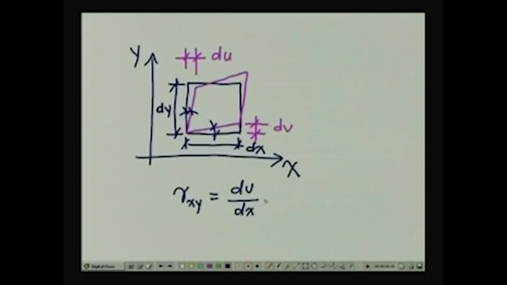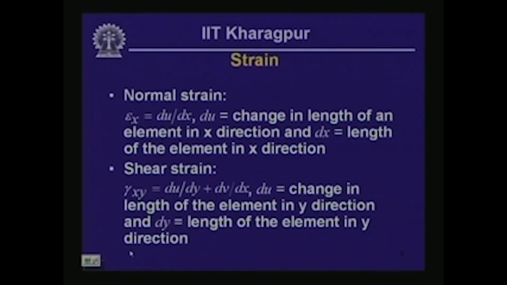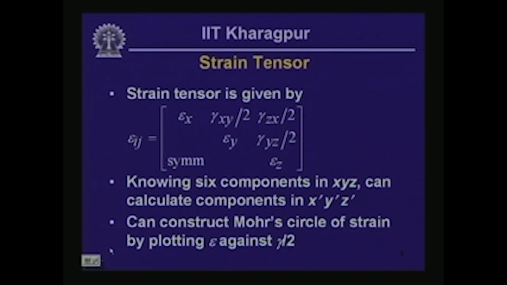Gamma xy is dv dx plus du dy, and this was the expression given in the previous slide. Okay. So, similarly you could define the other components of strain, and what you end up with is a tensor, again as was the case with stress, like that shown near the top of this particular slide.